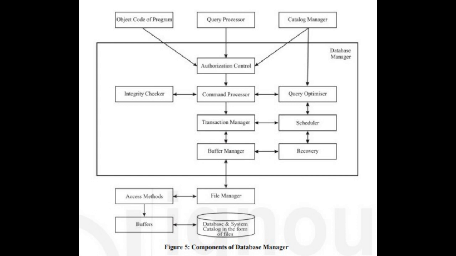Command processor converts the DDL, DML, or other programming language commands to executable sequence of code. Integrity checker checks if the data that is being inserted in a database or is being modified follows all the specified constraints on the database. Query optimizer tries to optimize the processing time of different queries.